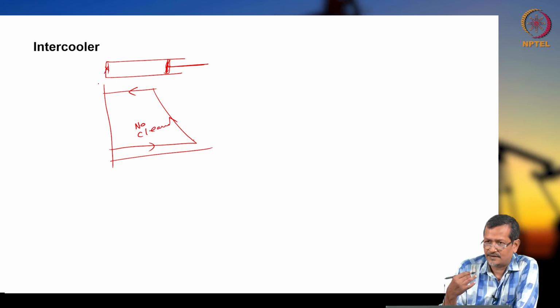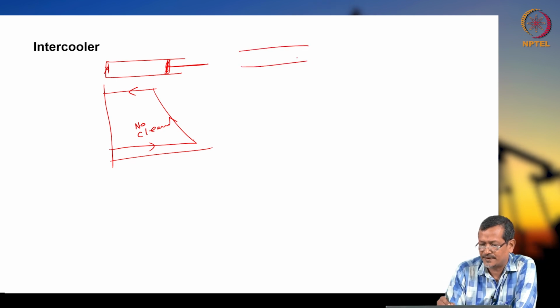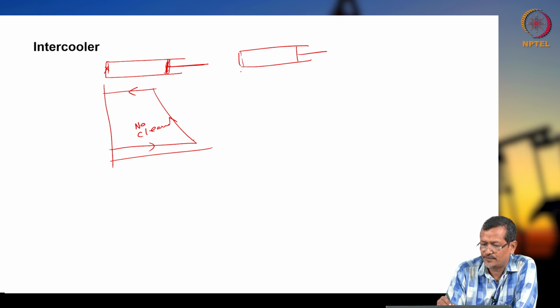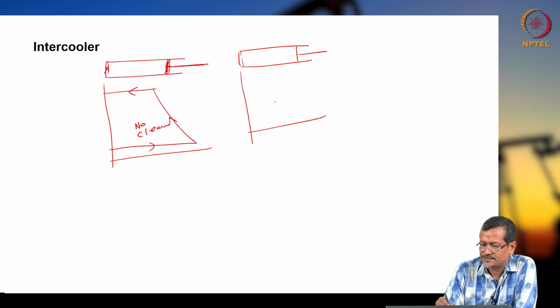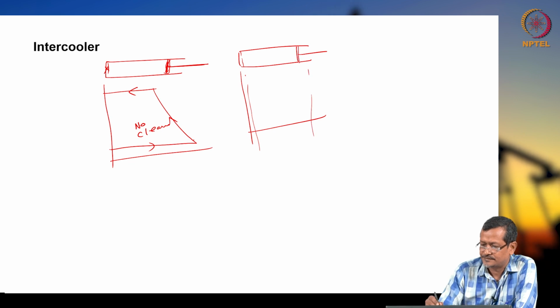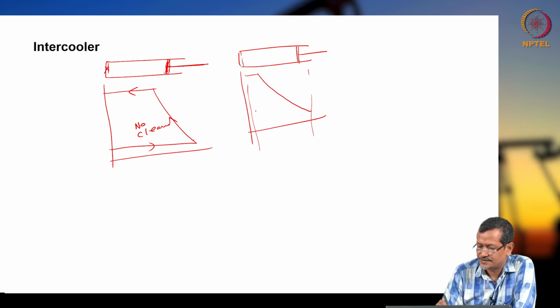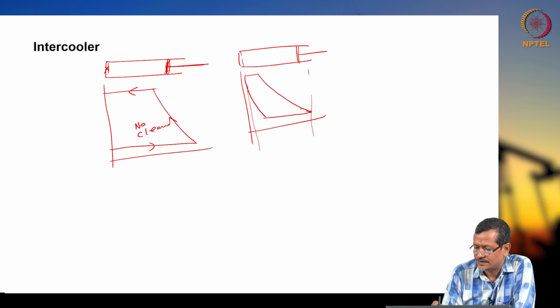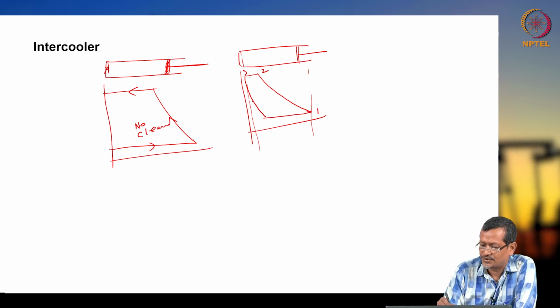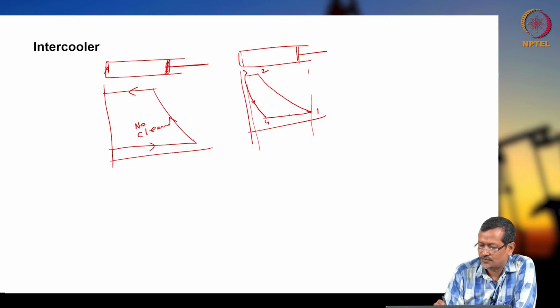If you are creating very high pressure, let us say this is no clearance. But when you have clearance, the piston will move up to this point. You deliver certain fluid, then compress, and the curve gets like this, points 1 2 3 4.